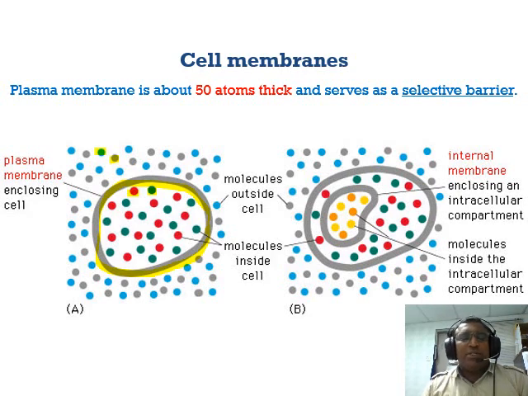But in actual sense, the one on the right is what's found in the cell, where there are organelles. This could be said as organelles, say mitochondria. And then you can see they are orange as well as yellow. Substances can be inside the mitochondria, while the green and red are on the outer side, which could be referred to as cytoplasm.